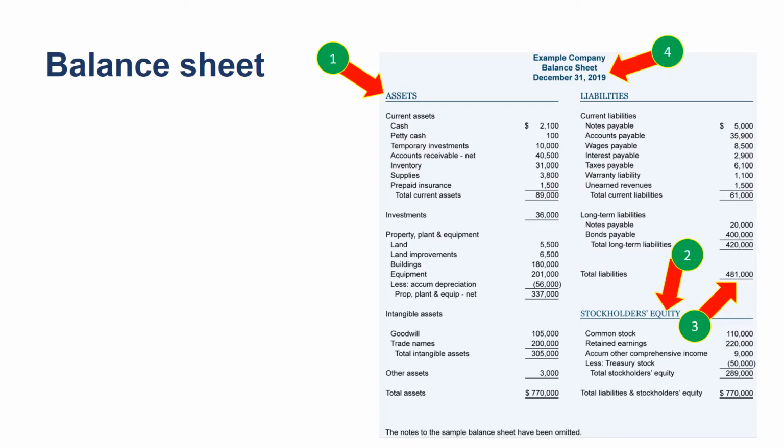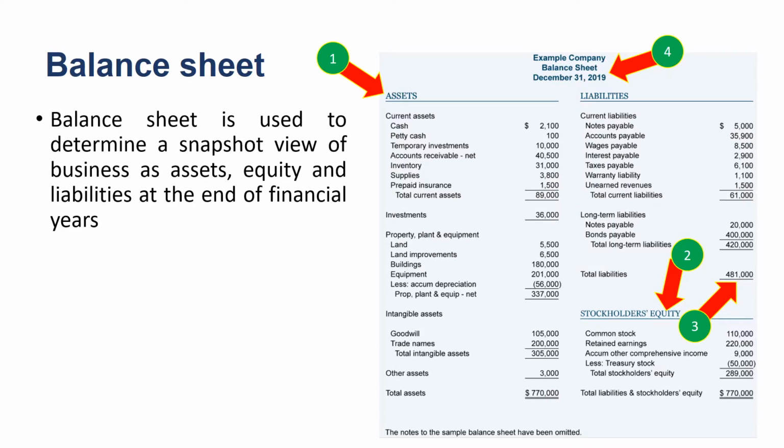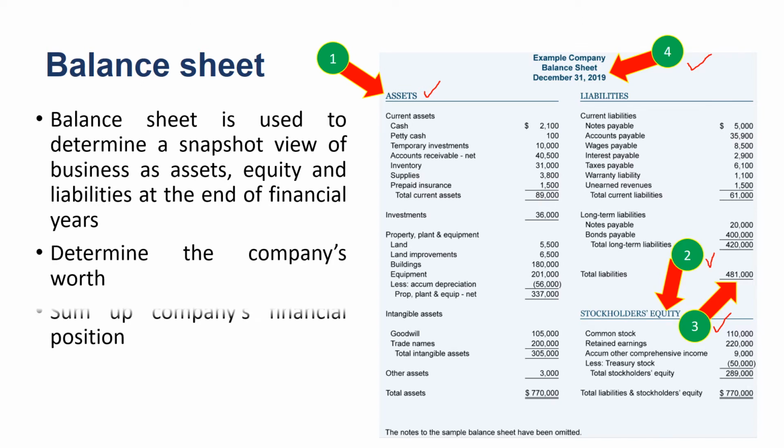So the balance sheet is used to determine a snapshot view of a business, such as assets, equity, and liabilities. At the end of any financial year, it will determine the company's worth, and also sum up the company's financial position.